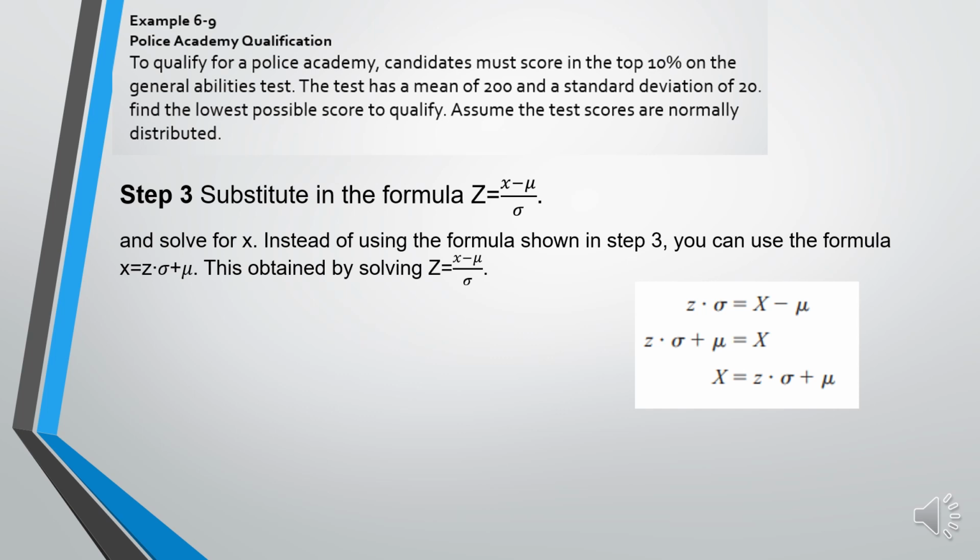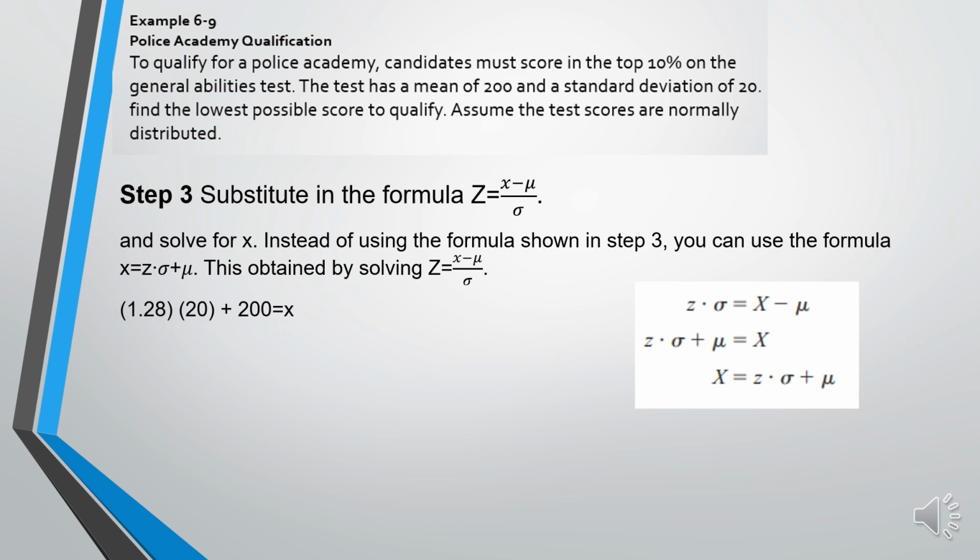So by cancellation, now it is equal to z times standard deviation plus mean is equal to x. Exchange both sides of the equation. So you can also use this: x is equal to z times standard deviation plus mean.